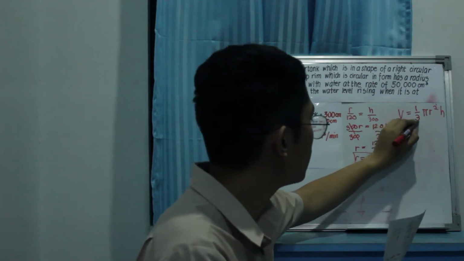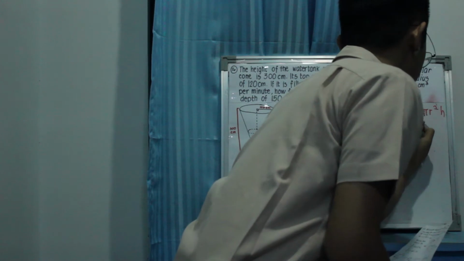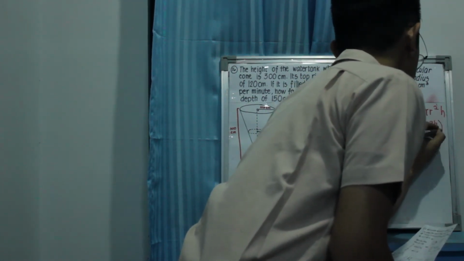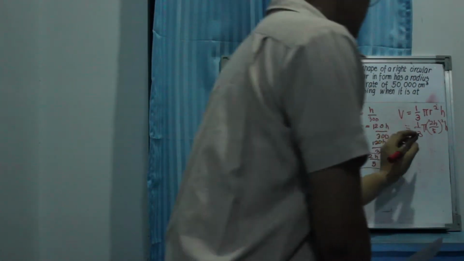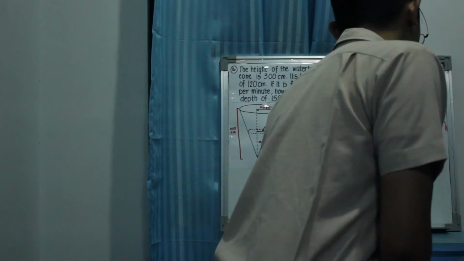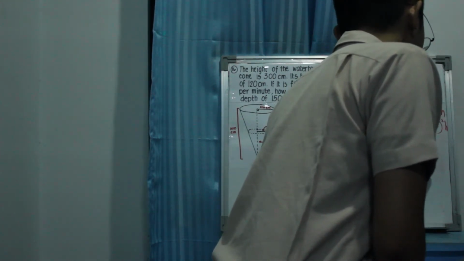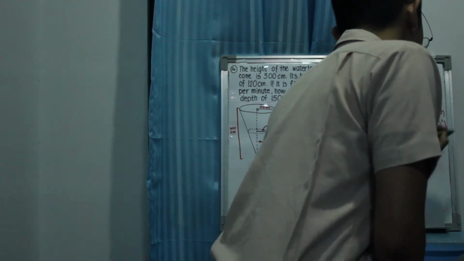So it will become 1/3 pi times (2h over 5) squared times h. If we simplify this, it will become 1/3 pi times 4h squared over 25 times h.